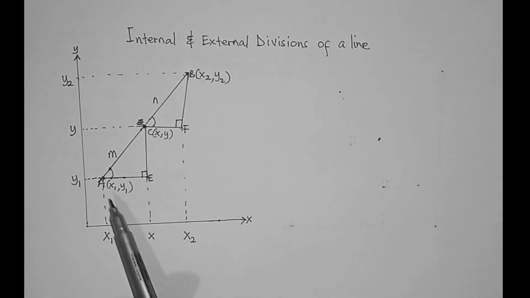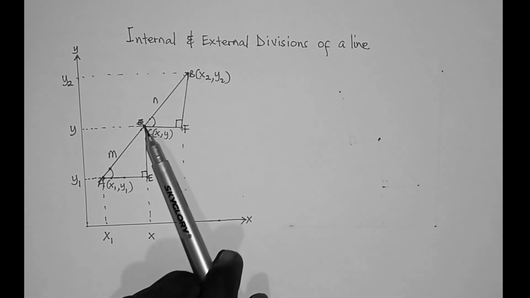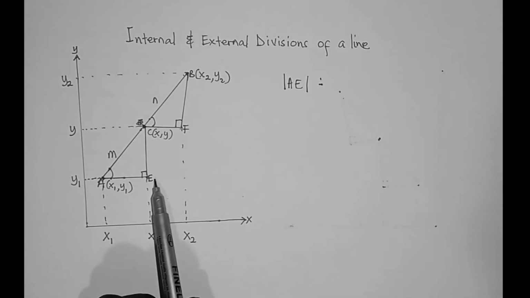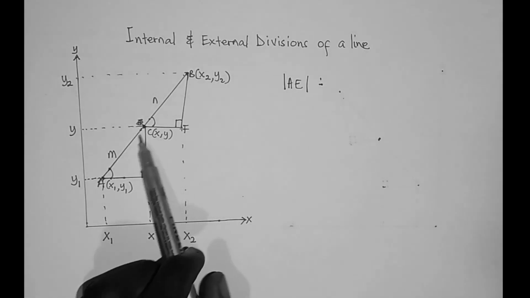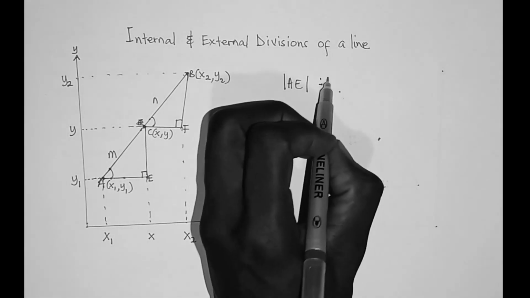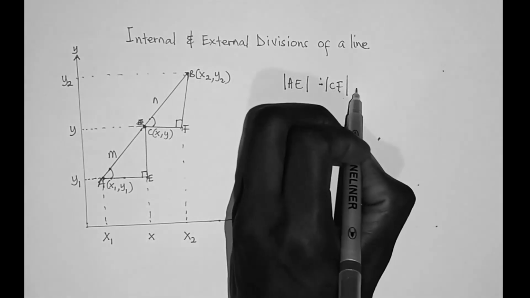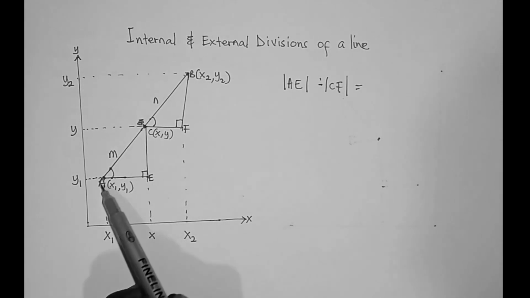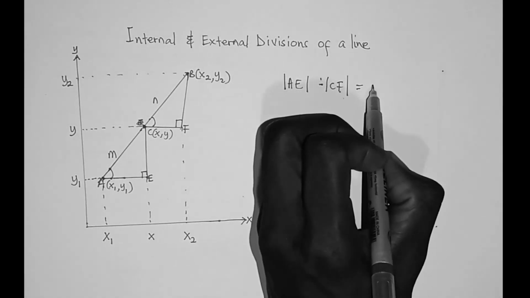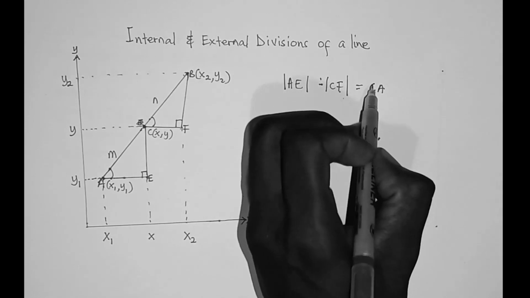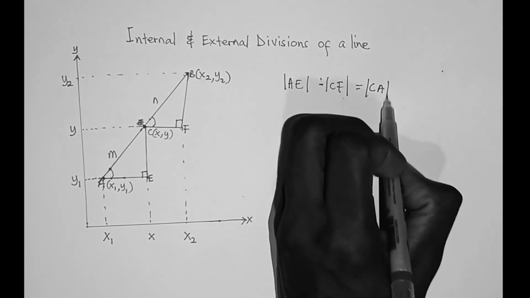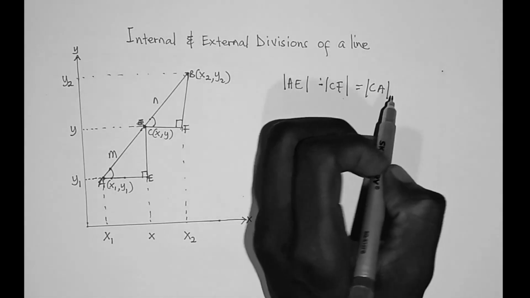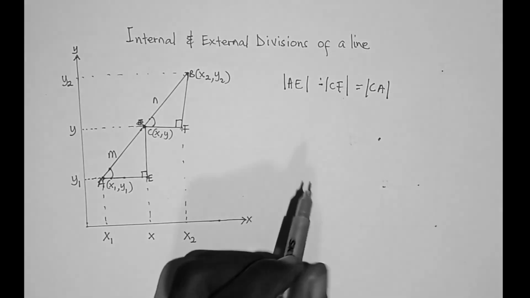So we've said that AE, which is this length, corresponds to the length CF. So the magnitude of AE in ratio to the magnitude of CF is equal to this part, which is CA, and then CB.